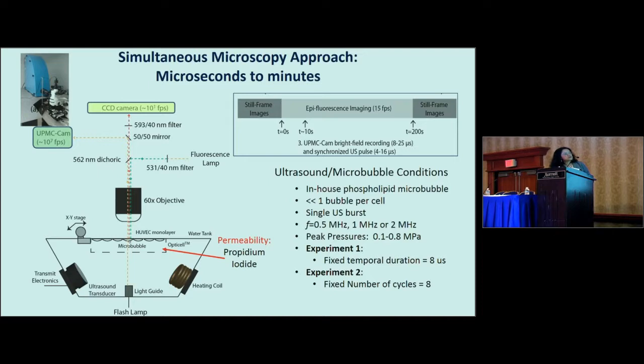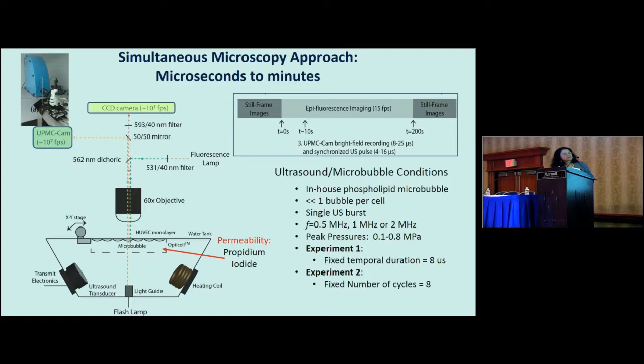And in this particular instance, we're looking at propidium iodide, which is normally impermeant to cells, but in the presence of sonoporation will enter cells and become fluorescent after binding to nucleic acids. So what we did was we get some still frame images initially, and then we deliver the ultrasound, which we have here as a variety of different ultrasound conditions, whereby we vary the pressures from 0.1 to 0.8 megapascals.